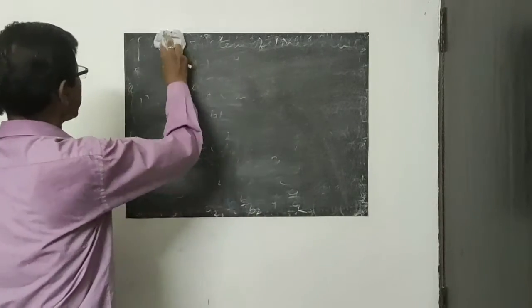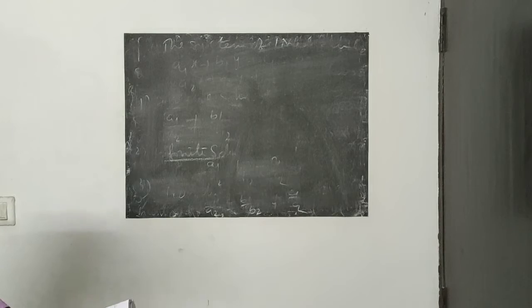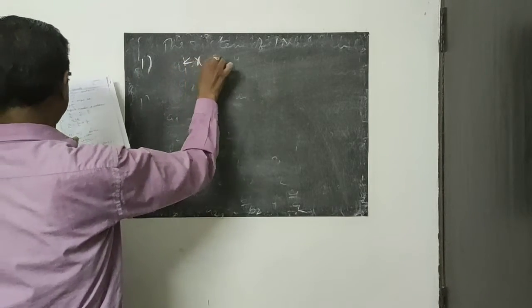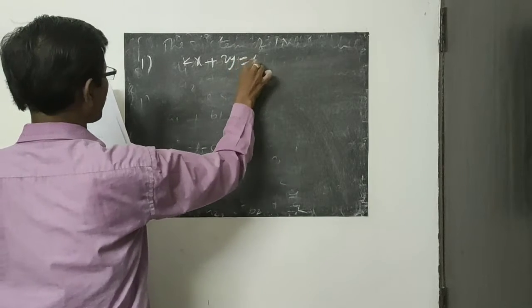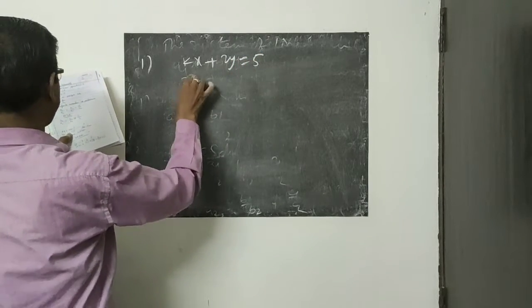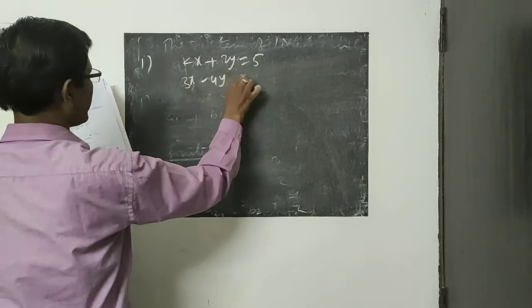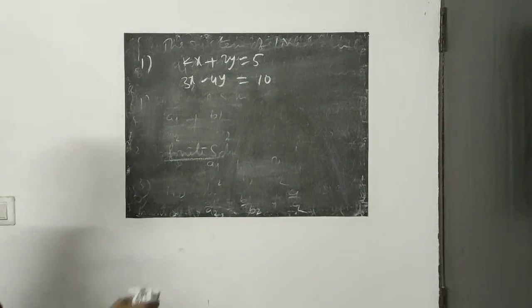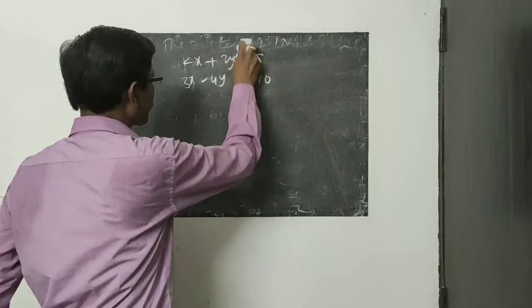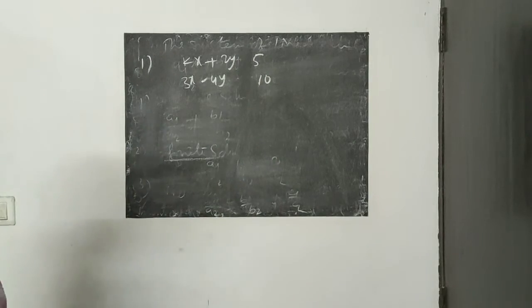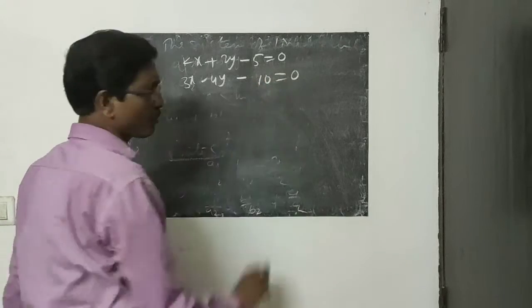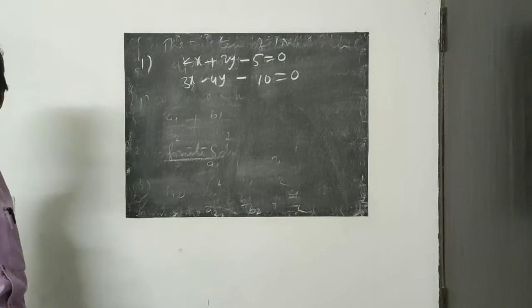The given question is: kx plus 2y equal to 5, and 3x minus 4y equal to 10. But always remember, these equations must be compared with the standard form. That is why we write minus 5 equal to 0 and minus 10 equal to 0. In this form you have to write.